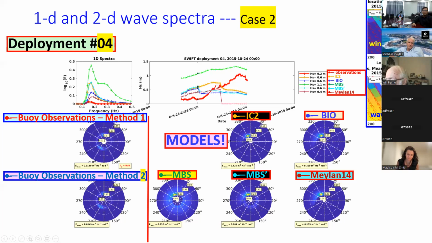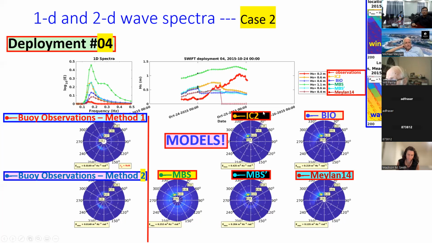This exercise didn't give me what I wanted. It didn't sort of shout out, here's the best model, because oftentimes what's happening is wave heights are increasing, that's the red line, whereas the models are either flat or they're decreasing. So it's the opposite direction. If you look at the 1D spectrum, it's different between observed and models, and it's very different.